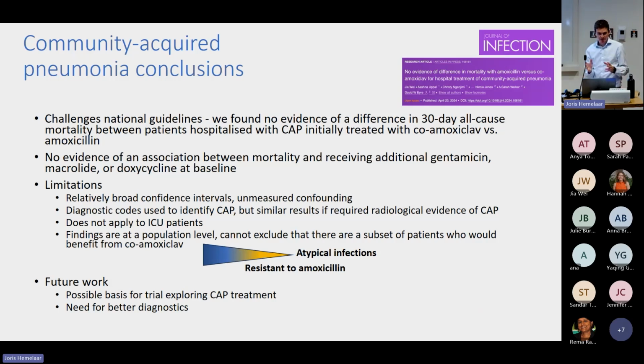But there are some limitations. We've got relatively broad confidence intervals. We obviously still have unmeasured confounding. We use diagnostic codes to identify pneumonia here, but you get similar results if you use radiology. It doesn't apply to ICU patients.